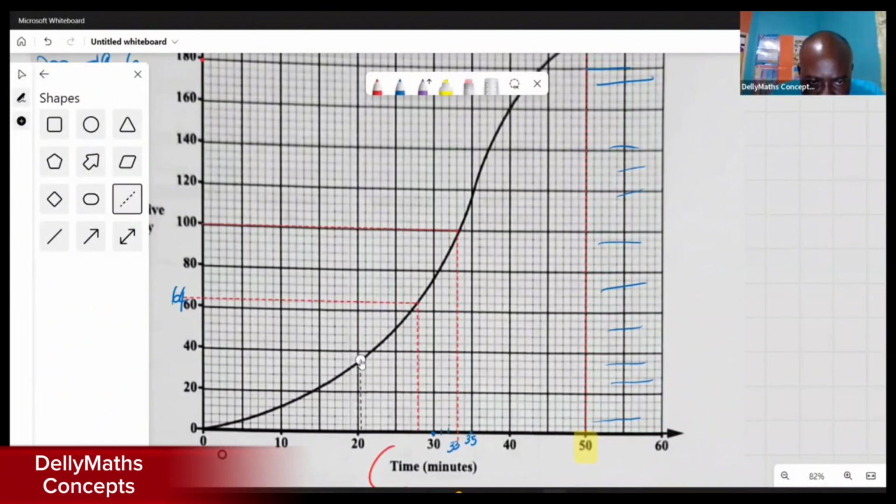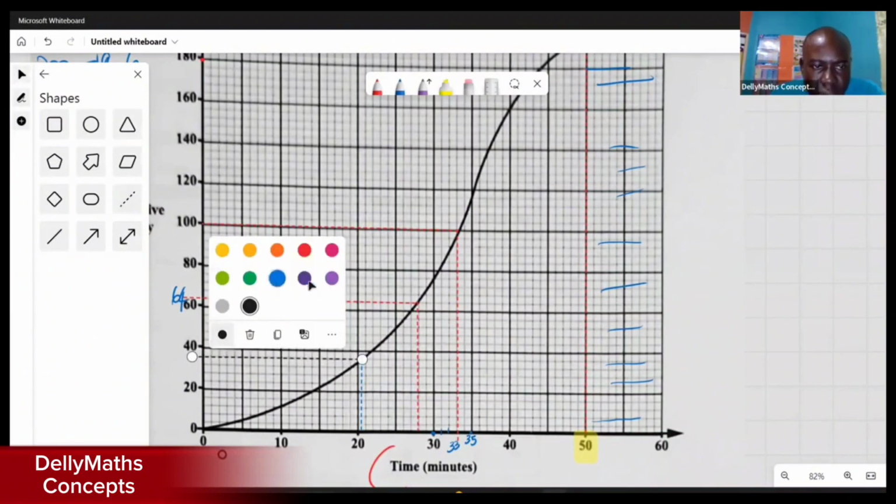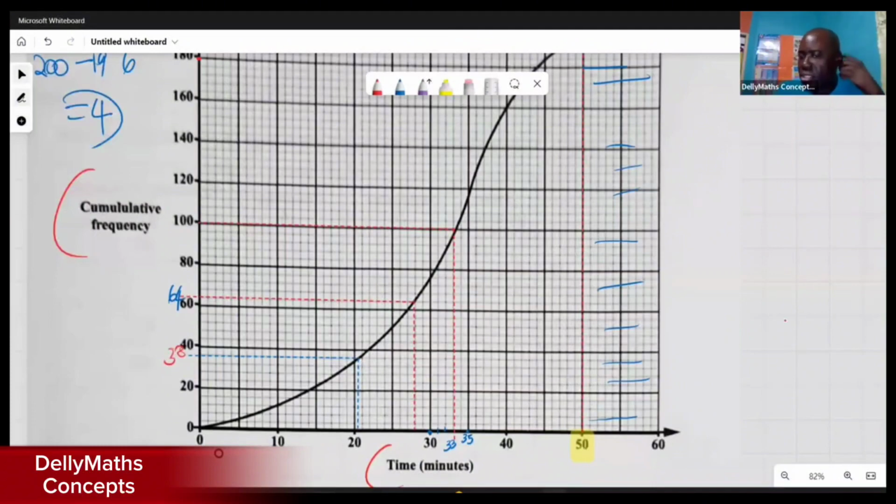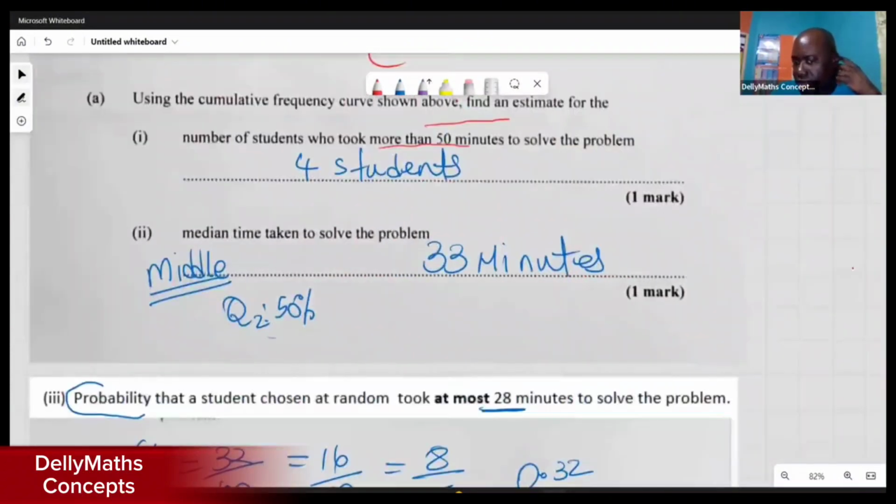All right, right there. And then we could go across with it. I'm definitely getting 38. This is 38 right there. So that's not the frequency. That's the cumulative frequency. So 38.